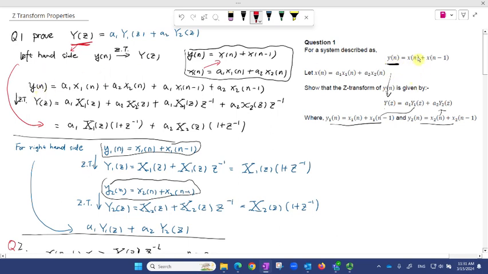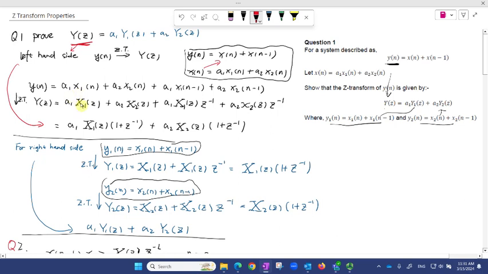Okay, so for the left hand side, the expression for y[n] is you just put the x[n] into it. So x[n] looks like this. x[n-1] is another term, so you just put it in, and this is the result. Then you do a z-transform of that.